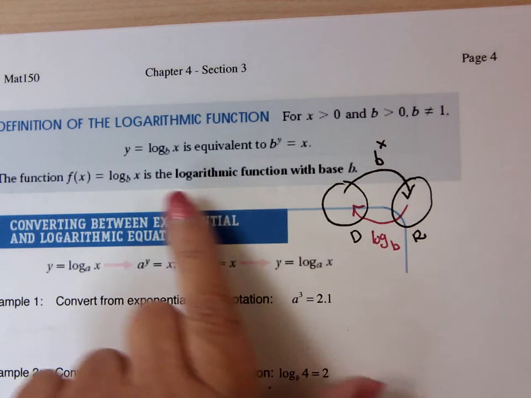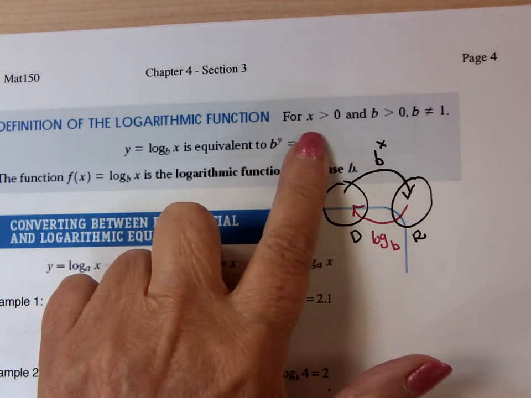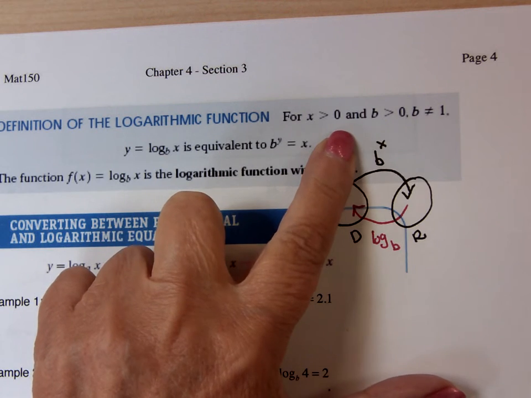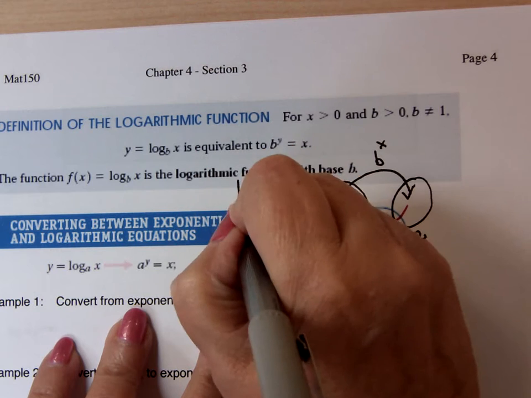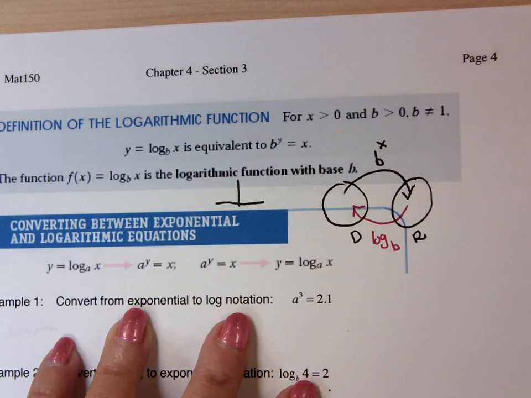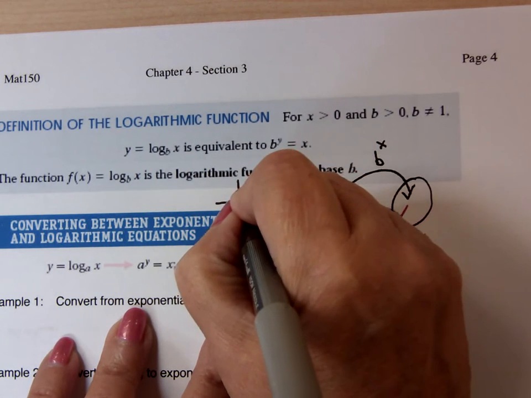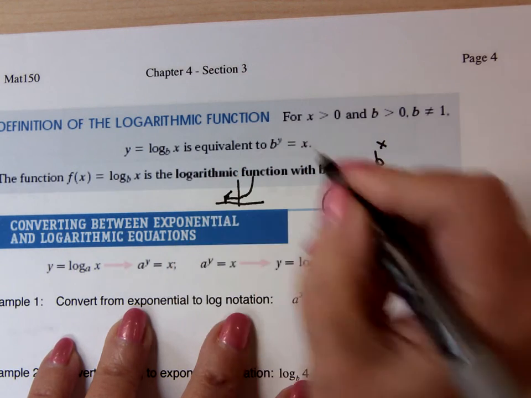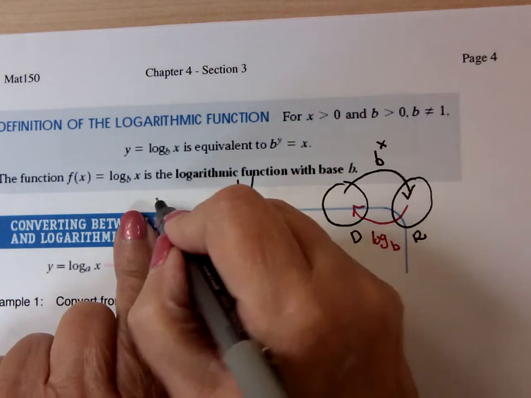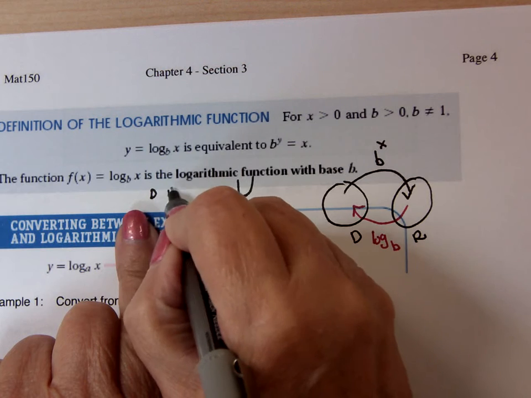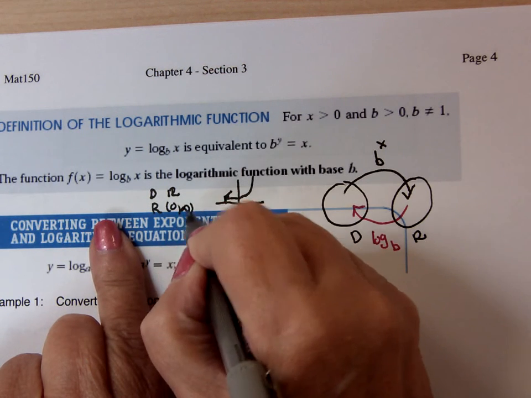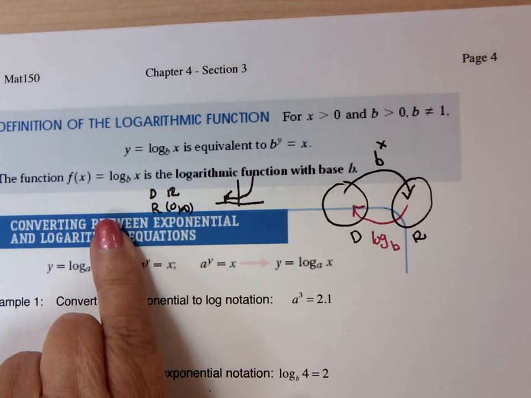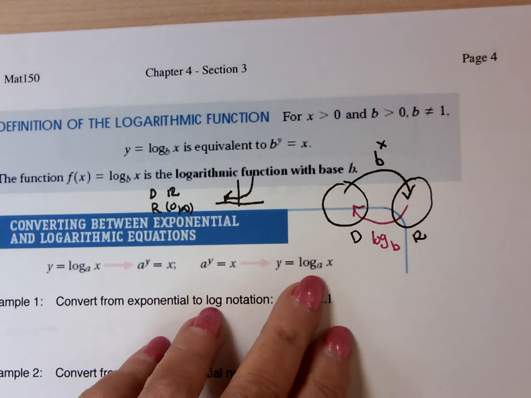And so it says log base b of x for x positive, and you're going to say, well, why is that the case? Now let's think about the exponential function, and we did a graph of the exponential function. If you remember, it looks like this. Its domain was all real numbers, and its range was 0 to infinity. So how does that fit in?